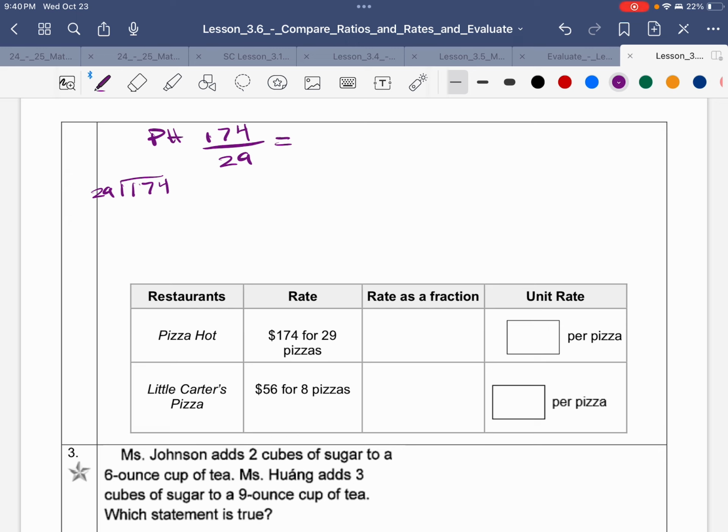Let's try that. 29 times 6. 9 times 6 is 54. 12 plus 5 is 17. There you go. So it's 6.